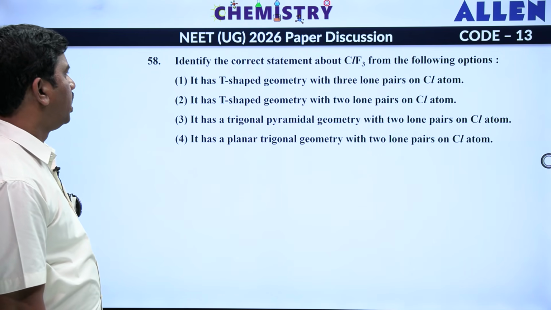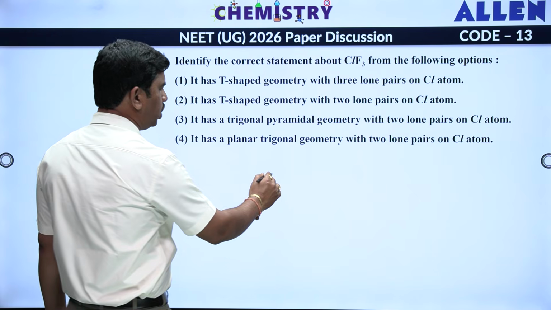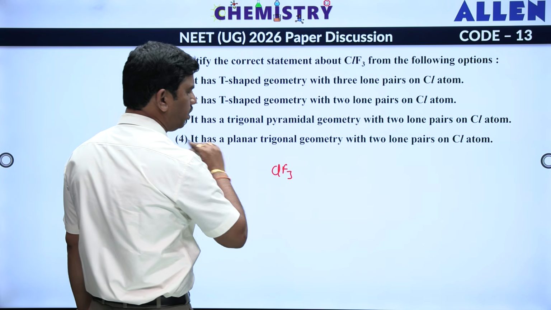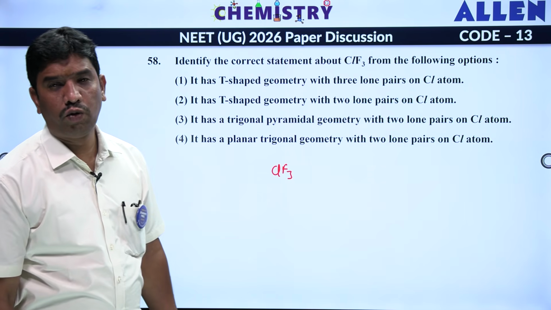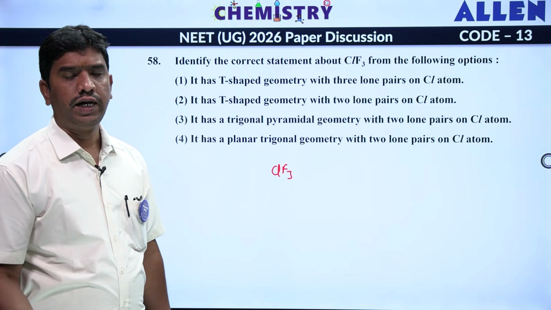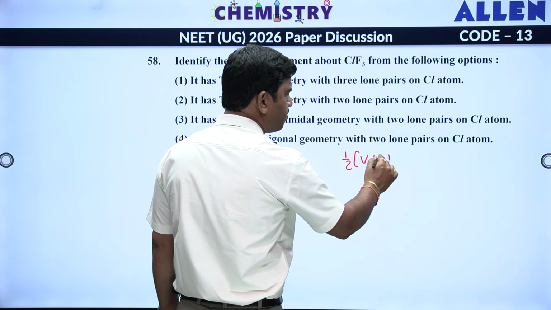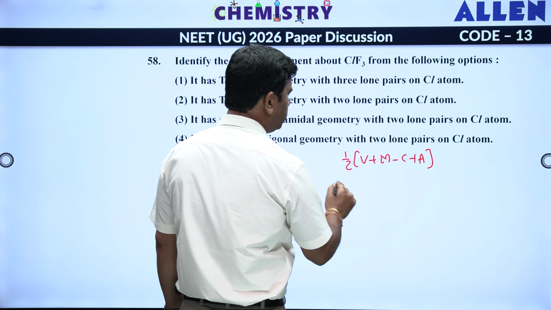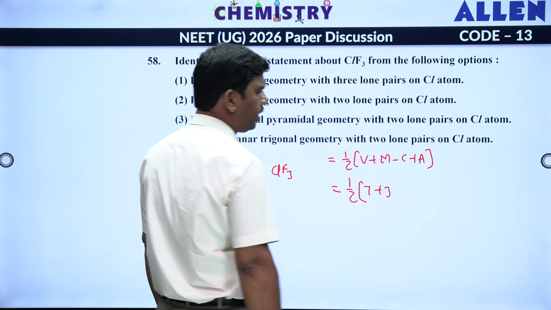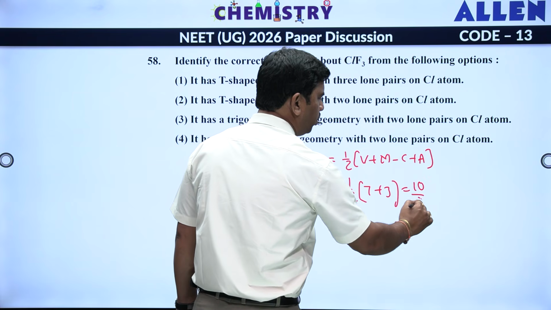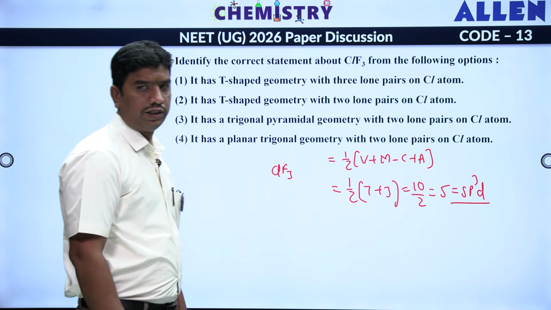Next question. Identify the correct statement about ClF3. So ClF3, chlorine connected to 3 fluorines. Valency electrons of chlorine 7, number of monovalent atoms 3, 7 plus 3, 10. So we have the formula for number of hybrid orbitals: half into V plus M minus C plus A. If you use this formula, half into chlorine 7 plus number of monovalent atoms 3, 10 by 2, you will get 5. 5 means sp3d hybridization.